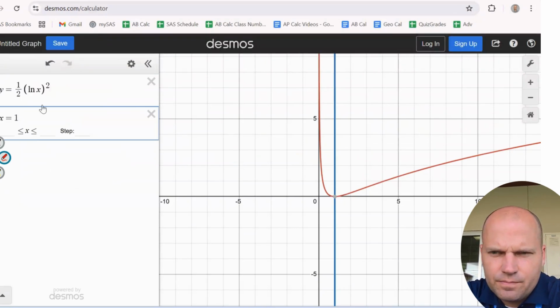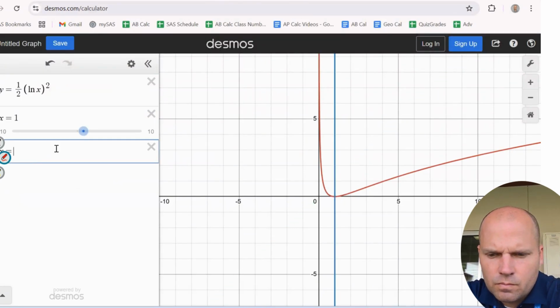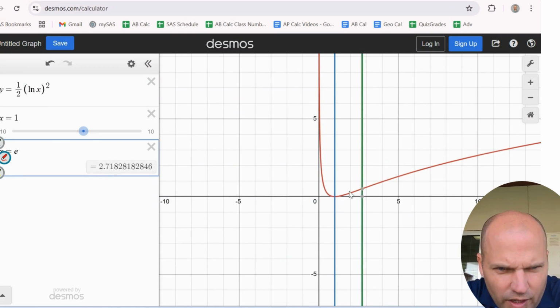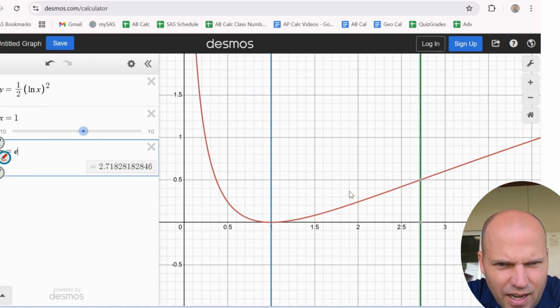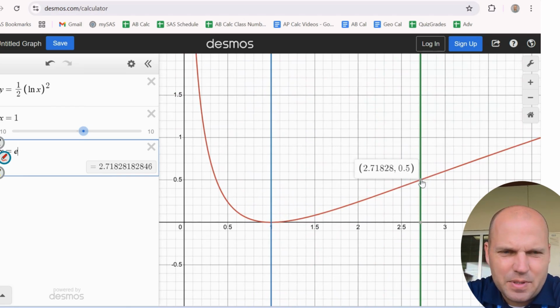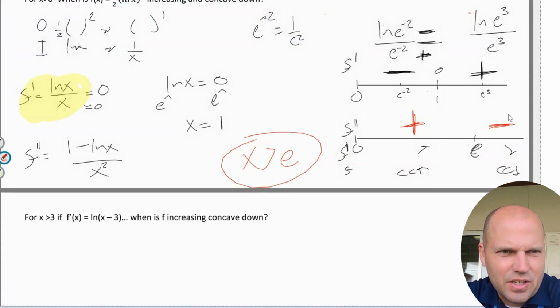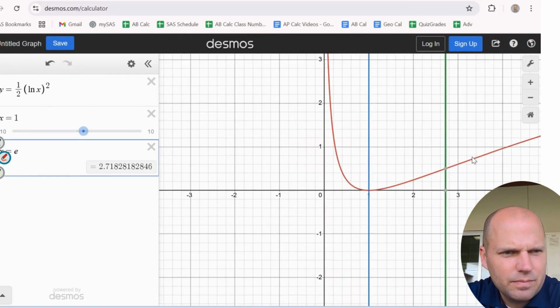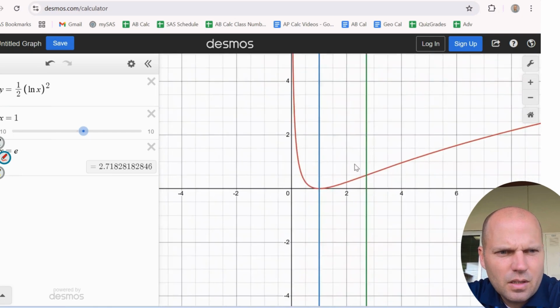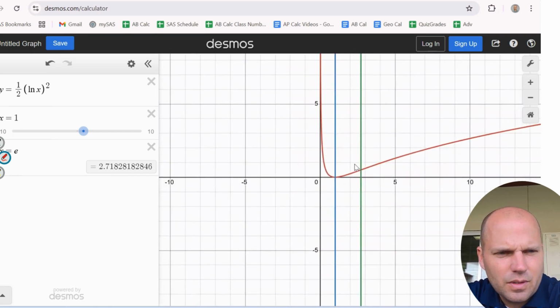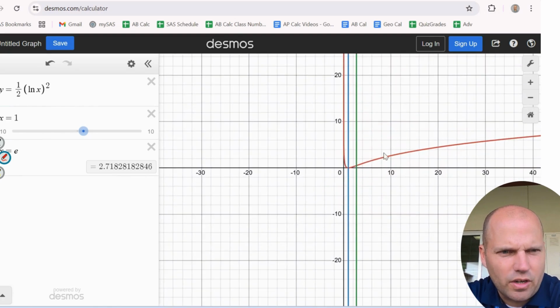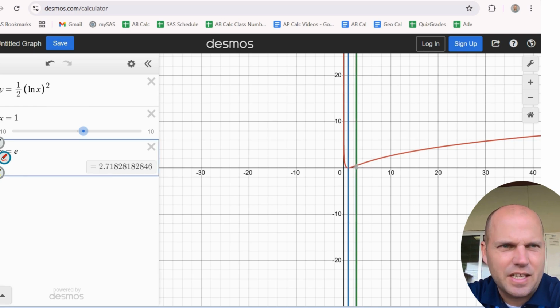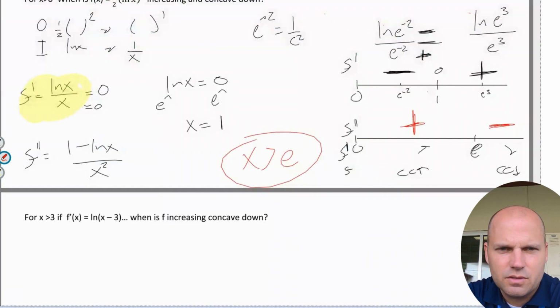Until e, we are increasing concave up, barely, but we are increasing concave up until e, and then we start increasing concave down after e. That's pretty cool. You can see it more clearly that we're concave down, but we do go from concave up to concave down. That's really nice. It's good stuff there.